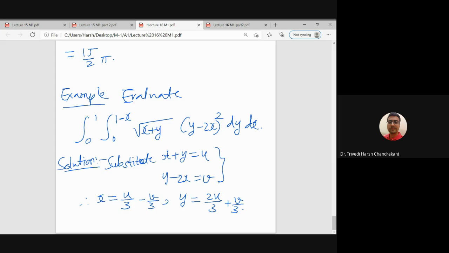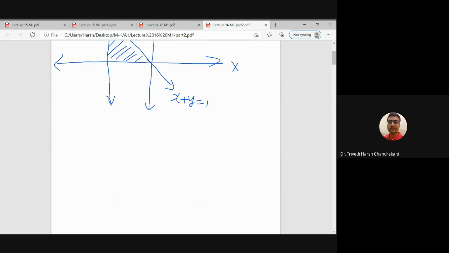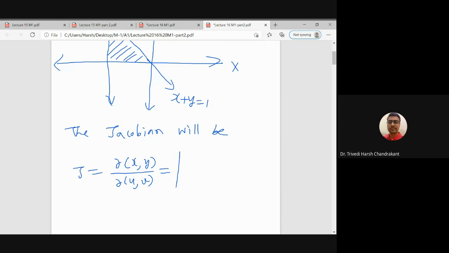So we can find the Jacobian. The Jacobian determinant will be J equals, since we are converting x and y into u and v variables, del x by del u, del x by del v, del y by del u, del y by del v.